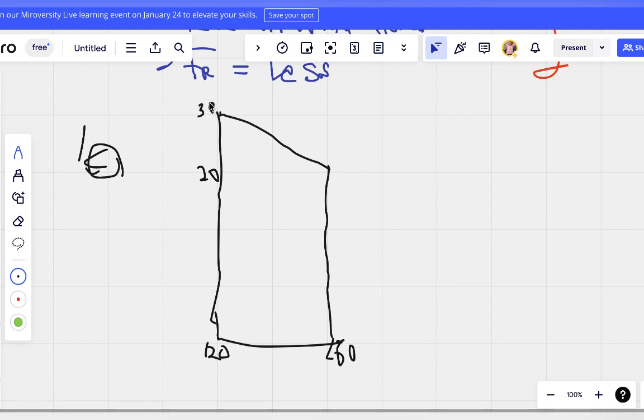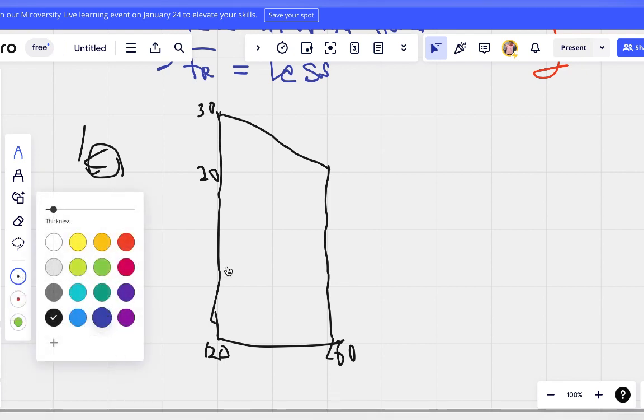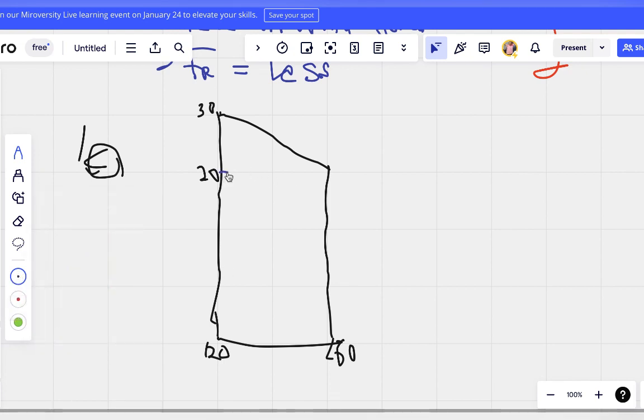To find the distance traveled, we have to find the area under this graph, the area of this shape. To do that, we can logically break this into two shapes. One will be a rectangle, which I call A, and the other B. We find the area of the rectangle and the area of the triangle, and then we add the answers together.